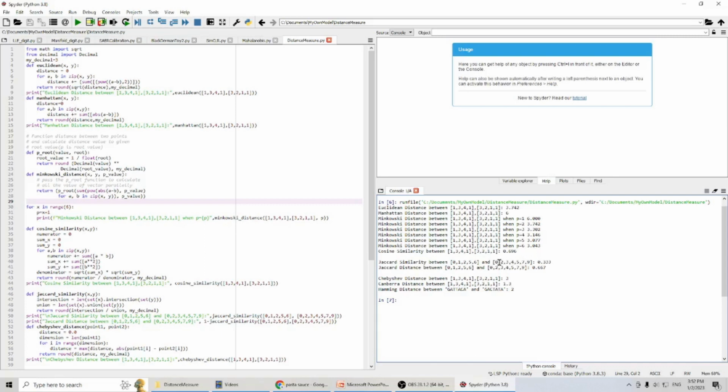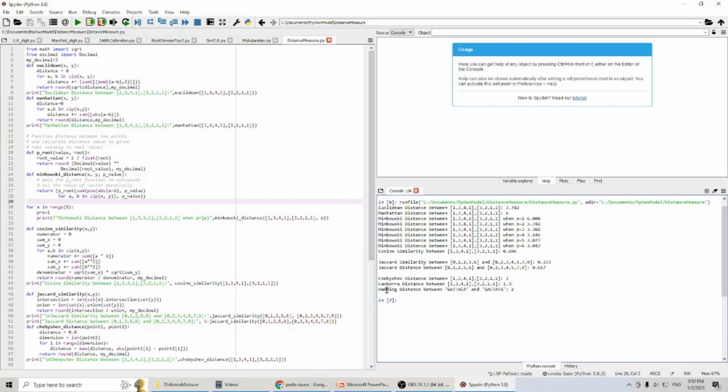It's 3 divided by 9. So this is 1/3 or 0.333. And the distance will become 1 minus 0.333, which is 0.667 or 2/3.